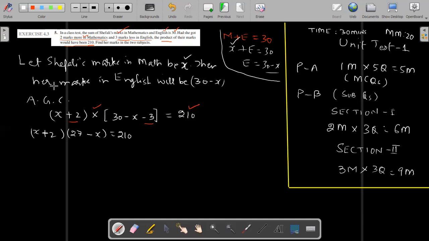Okay. And now multiply x with 27, this will become 27x minus x square. Then 2 multiplied: first multiply x with 27, then x with minus x, then 2 with 27, then 2 with minus x. 2 into 27 is plus 54, 2 into minus x is minus 2x, equal to 210.